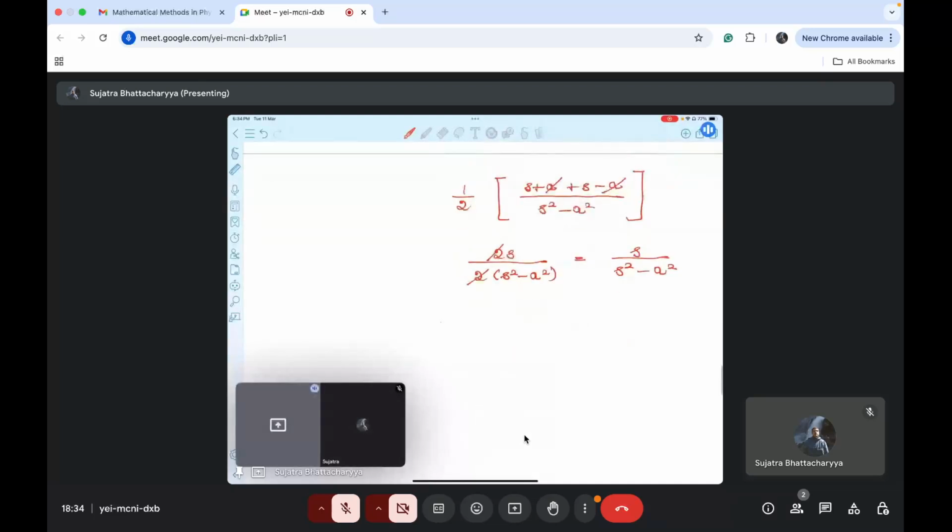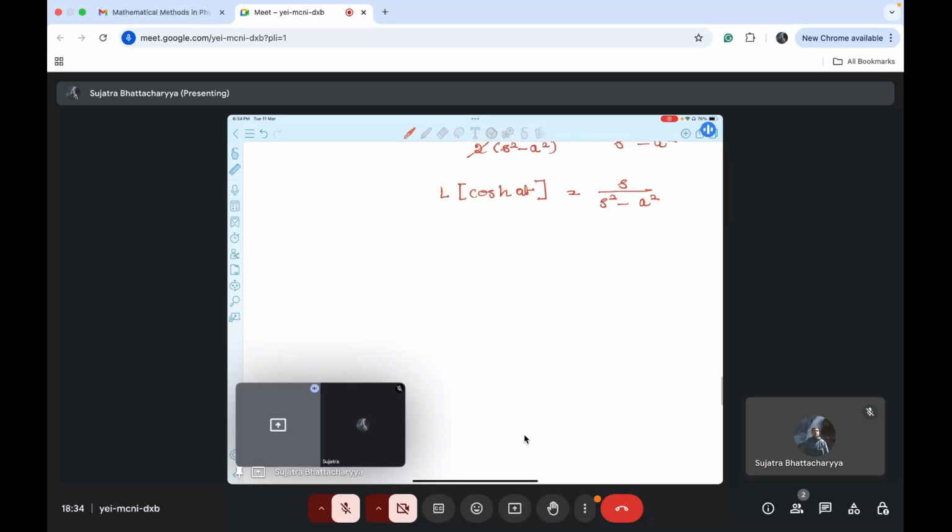So the difference between cos at and cos hyperbolic at is not much, only the sign in the denominator. Otherwise, it is the same: same s in the numerator. In the denominator, you have a negative sign between s square and a square, whereas in the cos function it was a plus. So this is the basic difference.